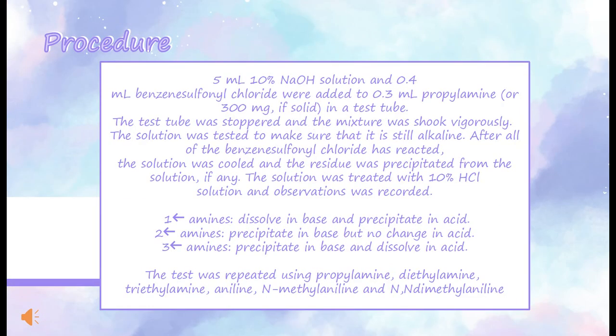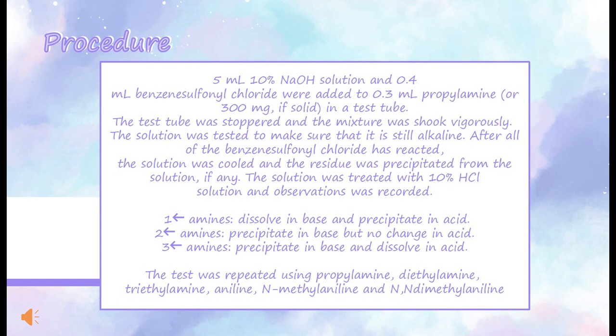The procedure for this test is: 5 ml of 10% sodium hydroxide solution and 0.4 ml benzene sulfonyl chloride were added to 0.3 ml of propylamine, or 300 mg if solid, in a test tube. Then the test tube was stoppered and the mixture was shaken vigorously.